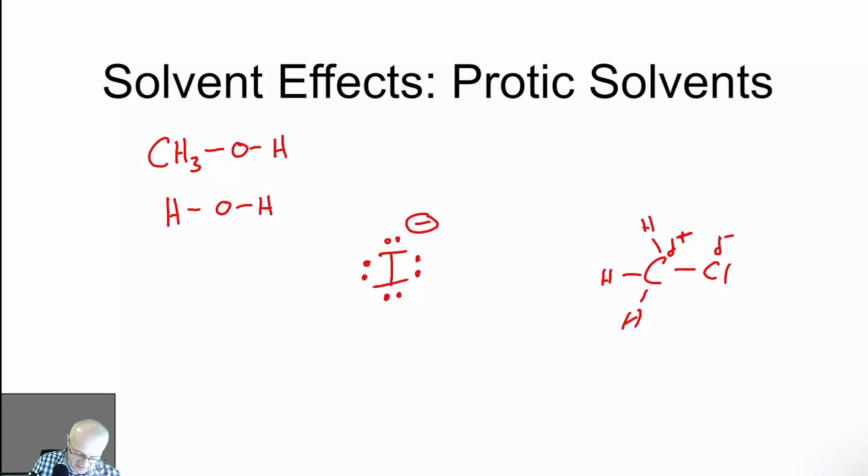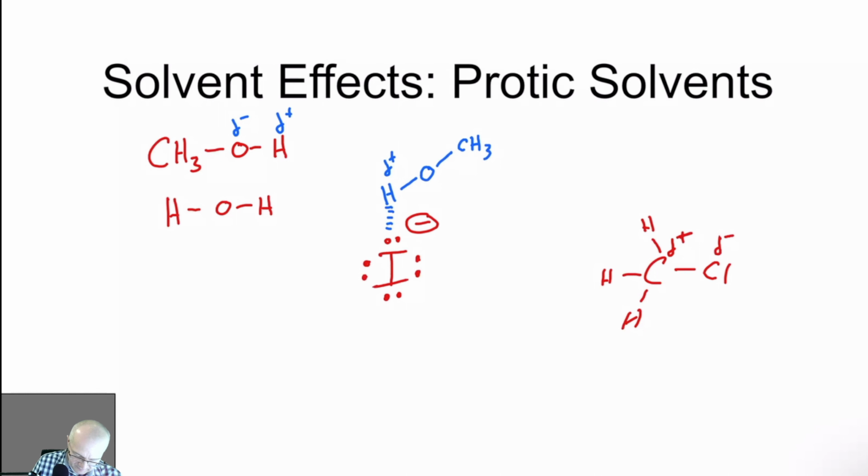Unfortunately, what happens in a polar protic solvent, because the hydrogen here is delta positive and this oxygen is delta negative, is you get hydrogen bonding, or ion dipole bonding, if you want to say it that way, of this delta positive hydrogen to the iodide.